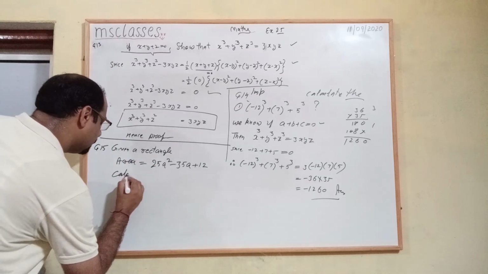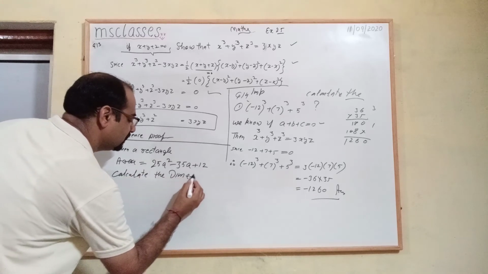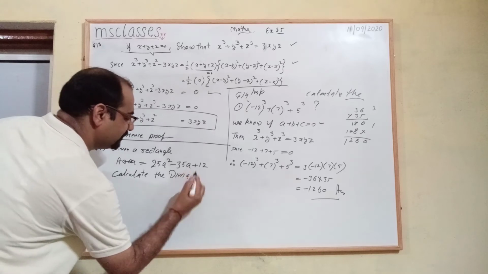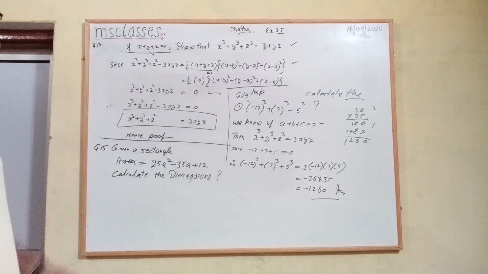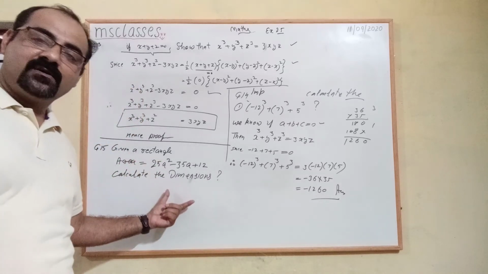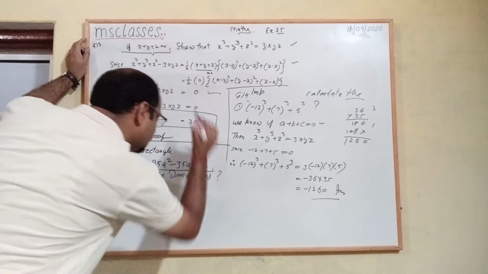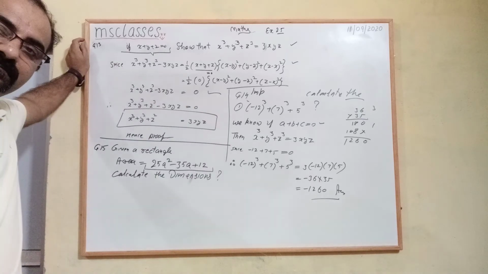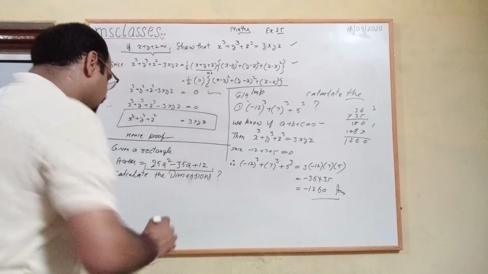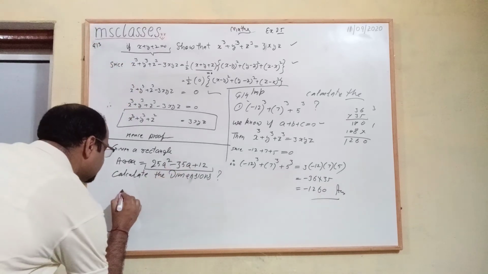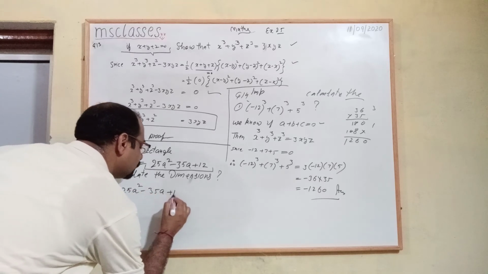Dimensions mean length and breadth. So guys, we have to factorize this expression by splitting the middle term. Here it is 25a square minus 35a plus 12.